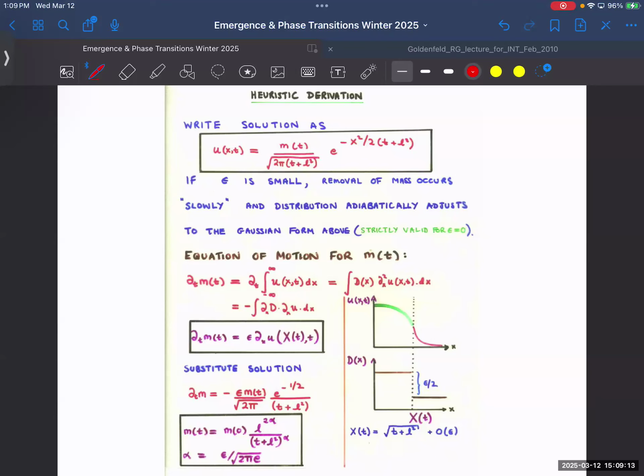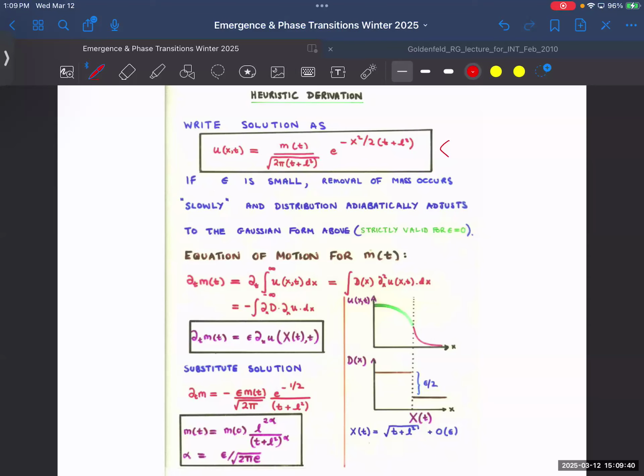And so the solution locally adjusts to the Gaussian profile that we know is the normal case for the regular diffusion equation. Then it diffuses out, a little bit of mass gets taken away from the solution of the differential equation, and then it adjusts to the Gaussian profile, and so on and so forth. So the removal of mass occurs slowly, and the distribution adiabatically adjusts to the Gaussian form above.